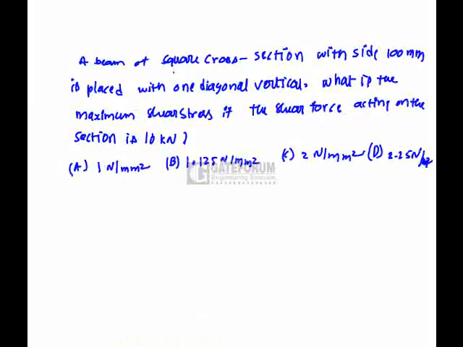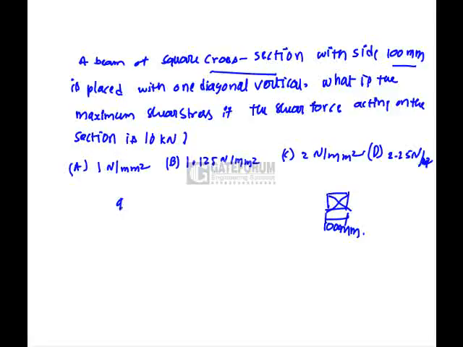Question is, a beam of square cross section with side of 100 mm is placed with one diagonal vertical. These are diagonals and we have placed one diagonal vertical. What is the maximum shear stress if the shear force acting on the section is 10 kilonewtons?